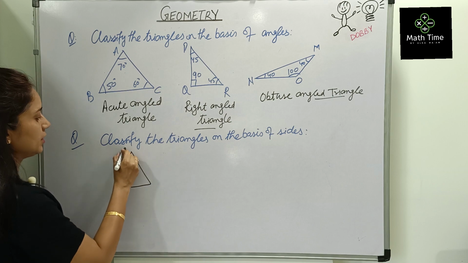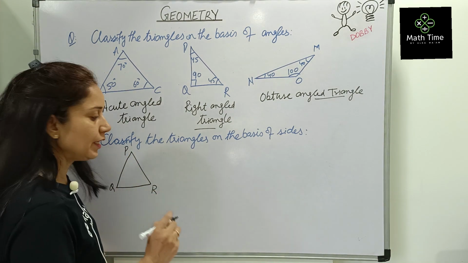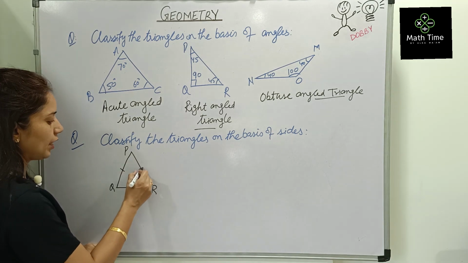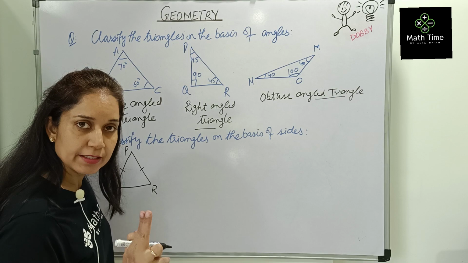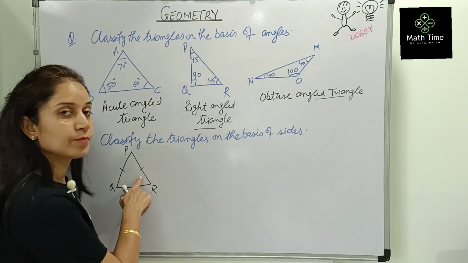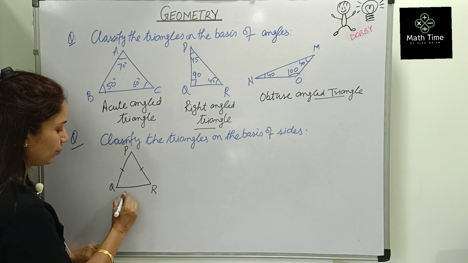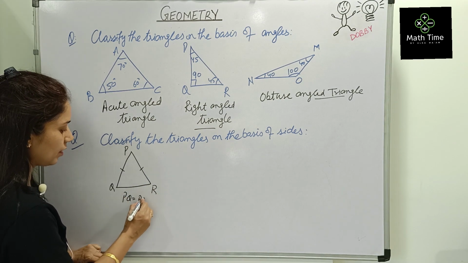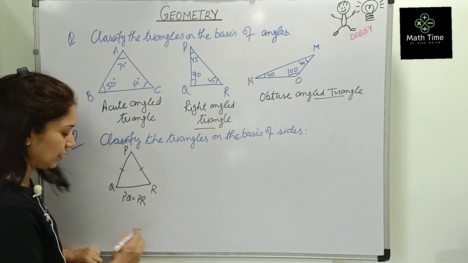Observe this triangle. This is triangle PQR. I am drawing equating lines at PQ and PR. Equating lines on these two sides tell us that yes, these two sides are equal. So which triangle is this? PQ equals PR. So it is an isosceles triangle.